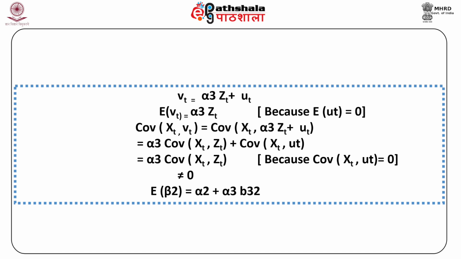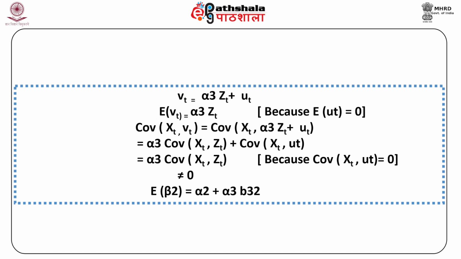Covariance of xt, Vt is equal to covariance of xt, comma, alpha 3 zt plus mu-t, which is equal to alpha 3 covariance xt zt plus covariance xt mu-t, which is equal to alpha 3 covariance xt zt because covariance xt mu-t is equal to 0. However, the alpha 3 covariance xt zt is not equal to 0.